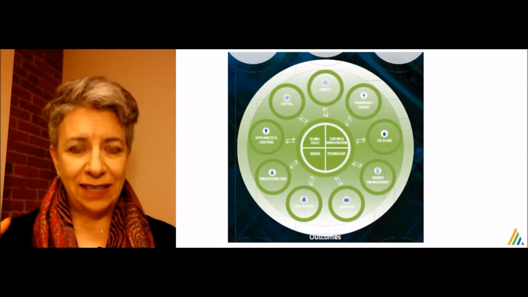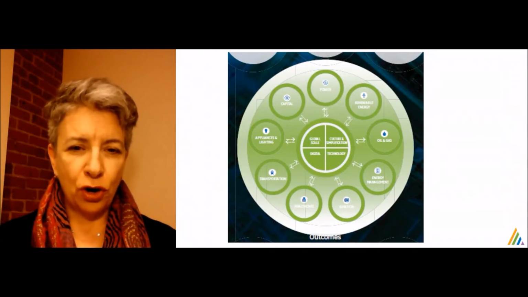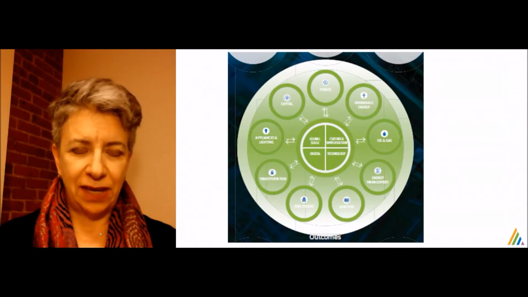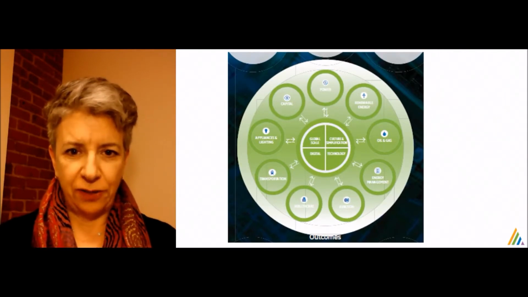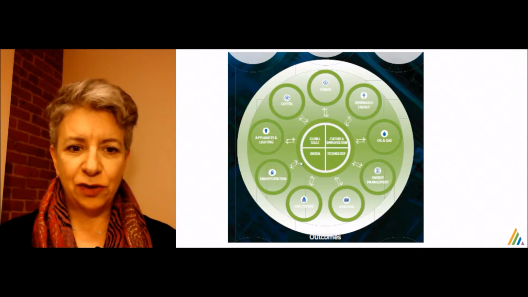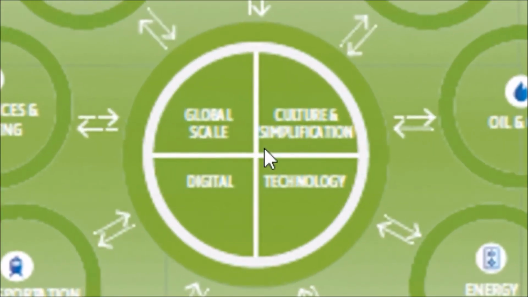What they're saying is that each of these verticals relies on a core knowledge that is shared and leveraged by all the businesses. And they describe it as being global scale, culture and simplification, technology and digital.